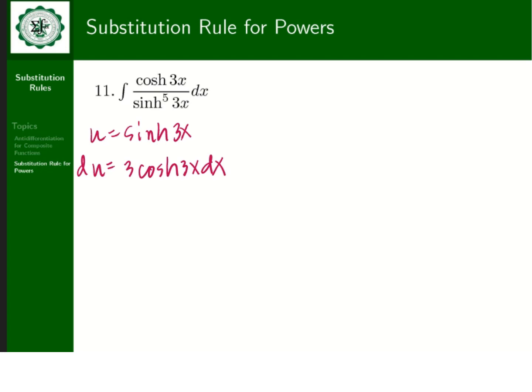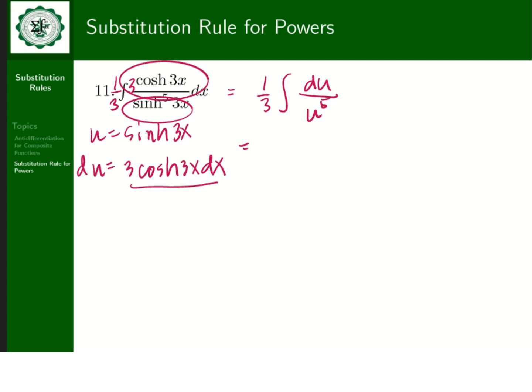We put 3 inside our integration sign, and we correct that by putting its reciprocal 1/3 outside of the integration sign. We now have 1/3. Substituting, 3 cosh 3x dx will now become du, and sinh of 3x will be replaced by u, raised to 5.